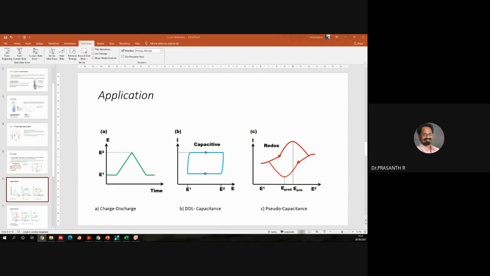This is a theoretical explanation of cyclic voltammetry, and how important this experiment is for understanding a storage device, and also for making an electrodeposition of materials.